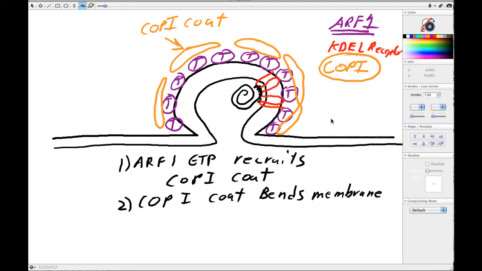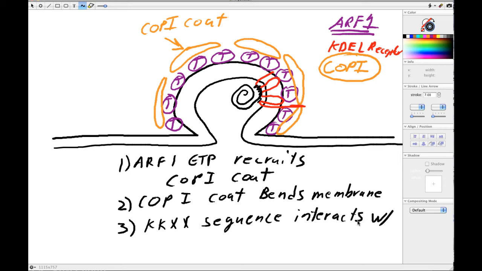And though I haven't talked about it, maybe I should extend this C terminus a little bit. Put in a third point: the KKXX sequence interacts with the COP1 coat.